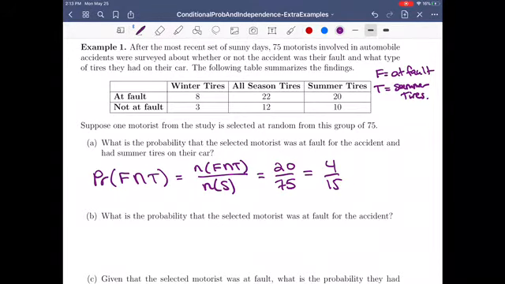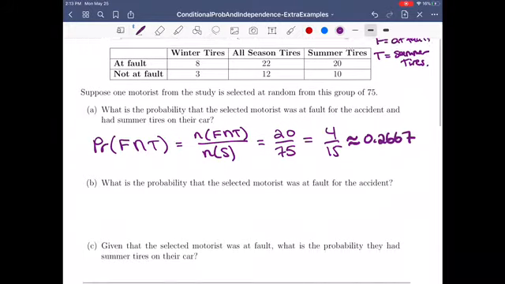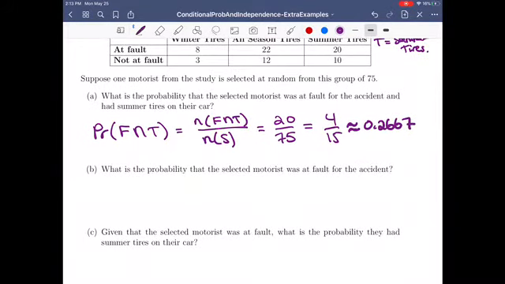Or if you prefer decimals, it's approximately 0.2667. Now the next part wants to know the probability the selected motorist was at fault. We don't care what type of tires. So this is the probability of just F: the number of people who were at fault divided by the number in the sample space.